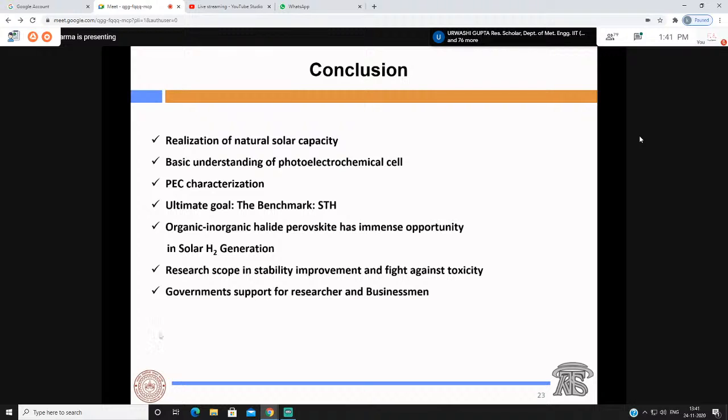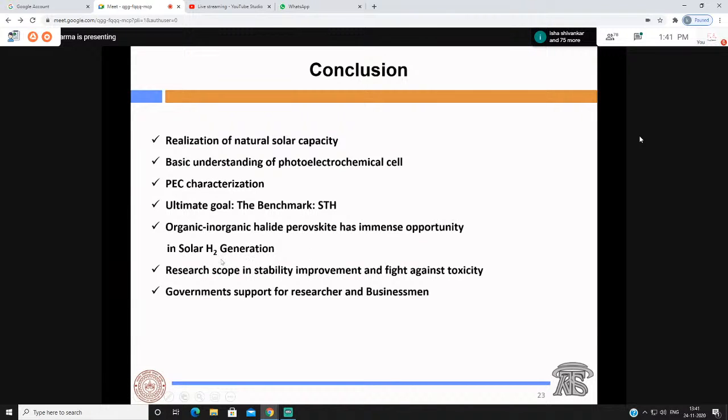Then we understood the working and principle of the photoelectrochemical cell, and how we characterize it. Further, we saw how we compare on the basis of solar-to-hydrogen efficiencies. This portion I skipped, but I will say that organic-inorganic halide perovskite has immense future for solar hydrogen generation.